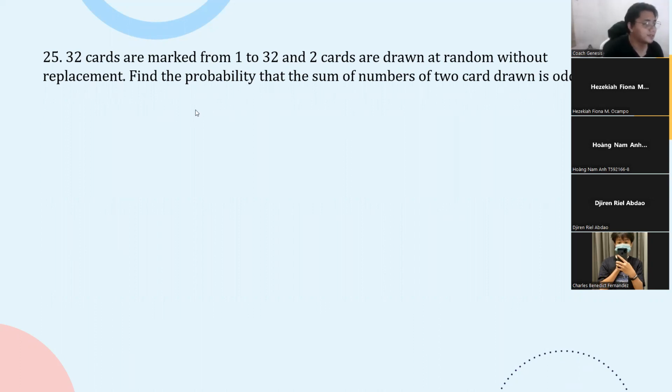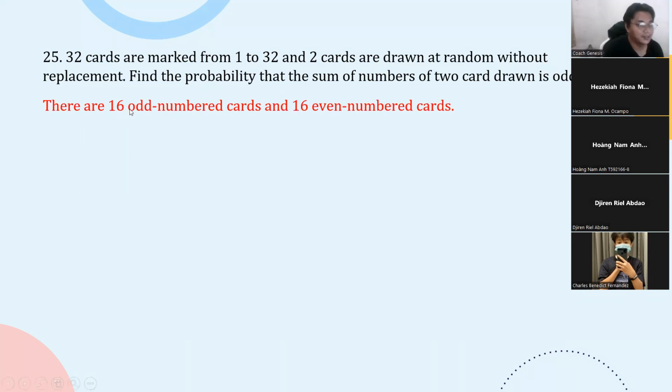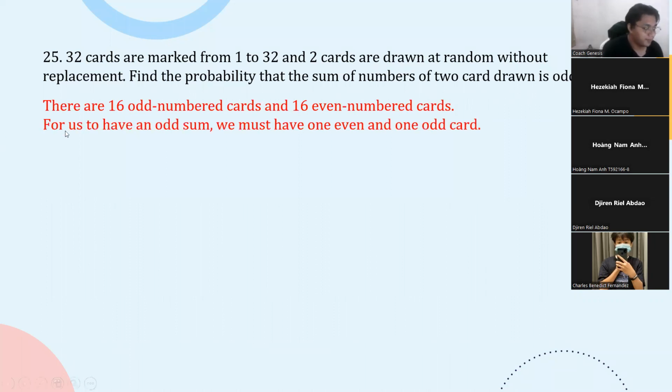Okay, so actually, there are 16 odd numbered cards and 16 even numbered cards because we have 1 to 32. Now, for us to have an odd sum, we must have one even and one odd card. Right? So that is the only case.